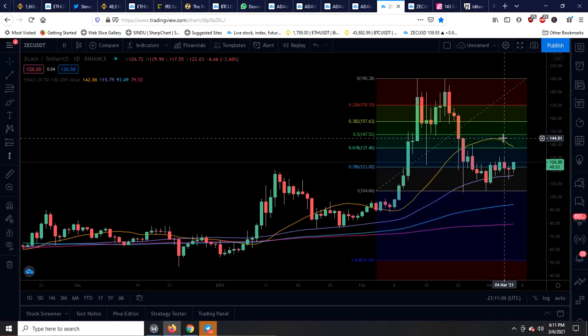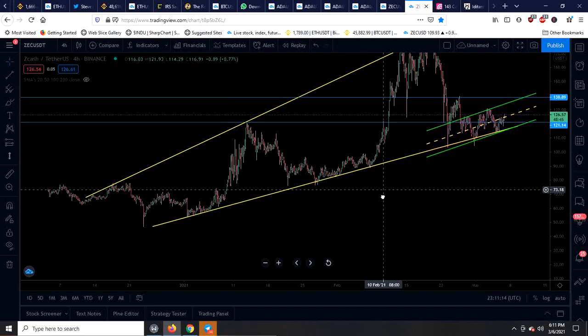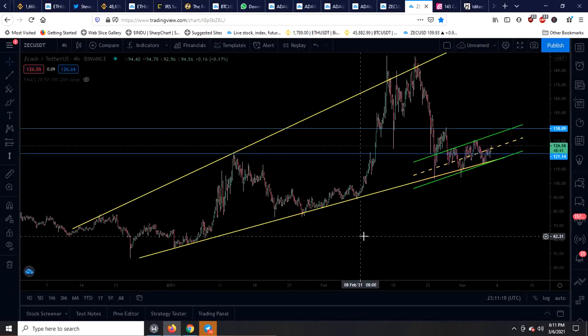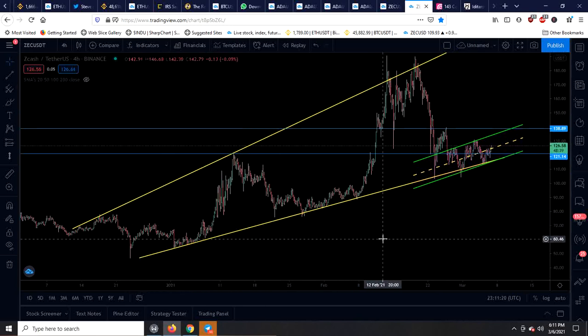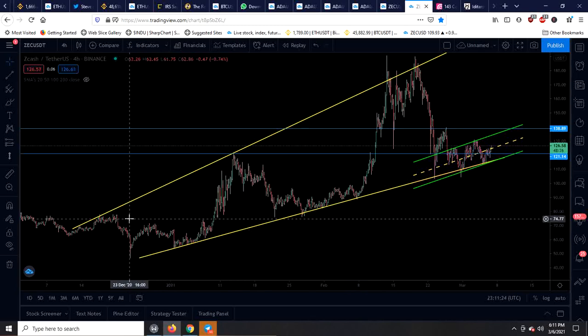I wanted to also cover a couple more things for you. Notice here, guys, this is a longer term rising trend line since really the beginning of the year. So for a little over 3 months now, really. We could go back to here if you really want to, 3.5 months.